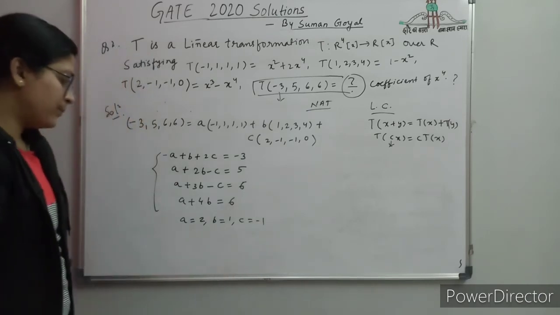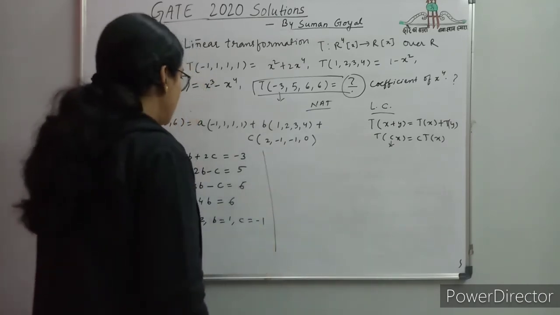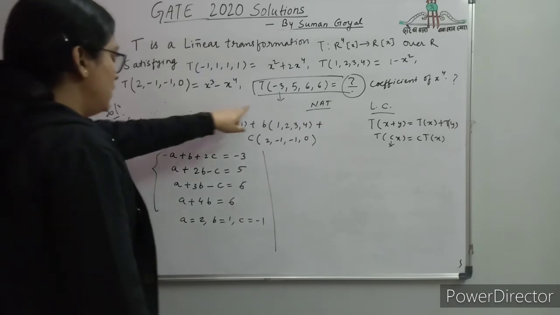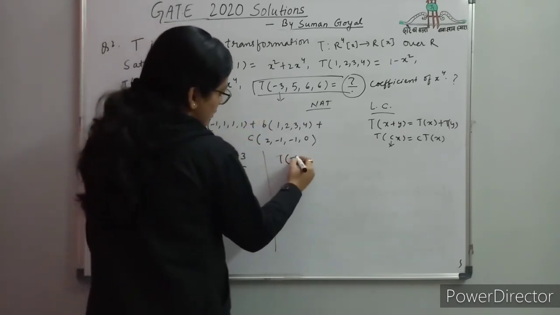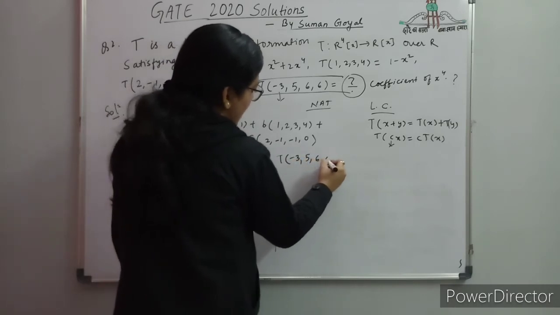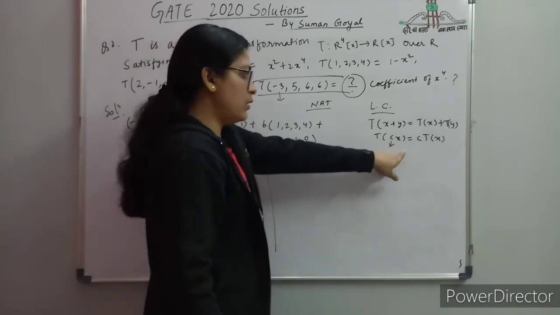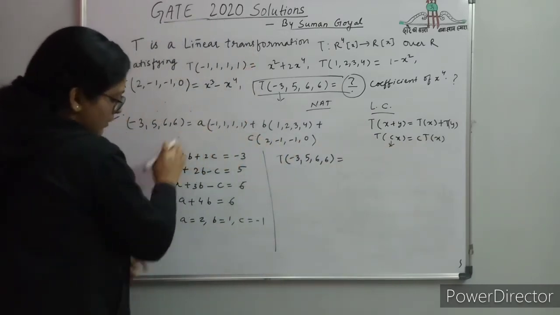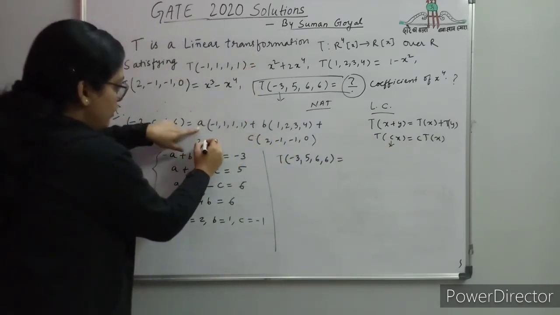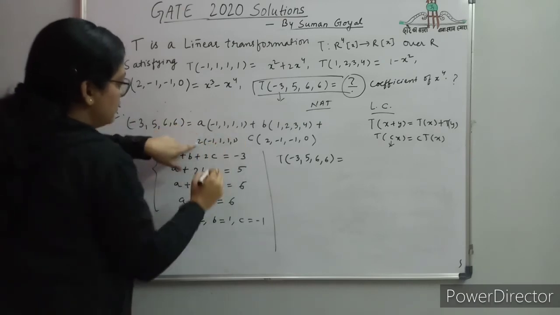You check it. Okay. Now the main thing here is to find the coefficient of x to the power 4. Take the linear transformation on both sides, and now use this property, T(cx) is equal to c T(x), meaning T of, here a is 2, so putting a equal to 2, you get this type of term.